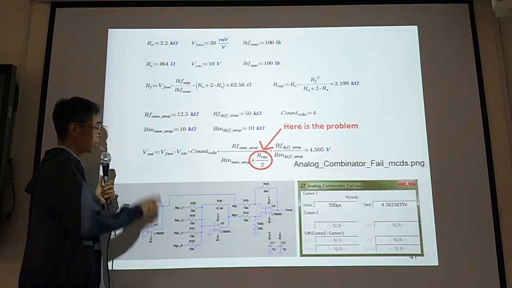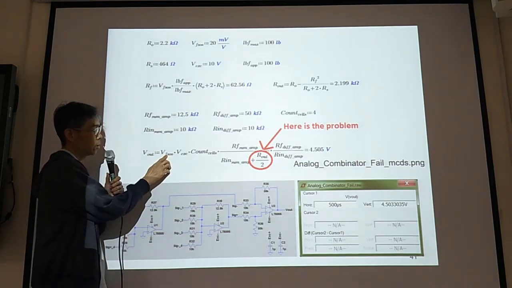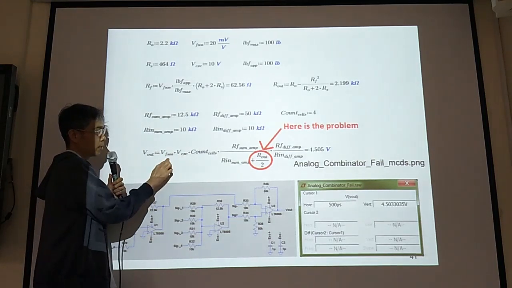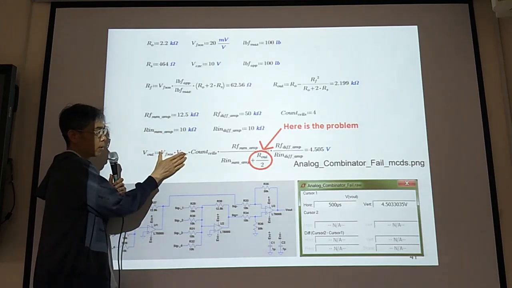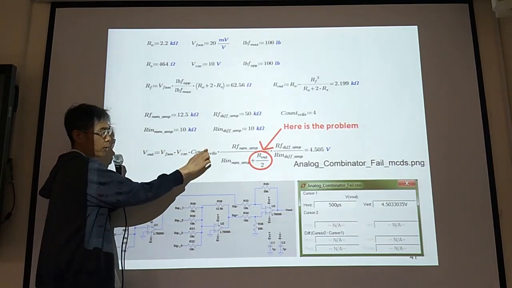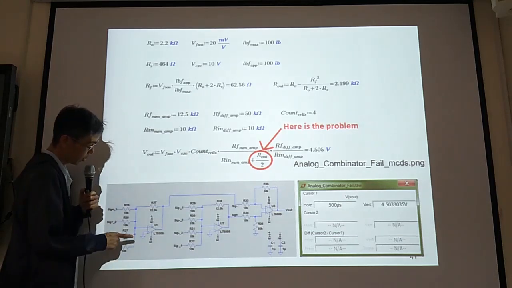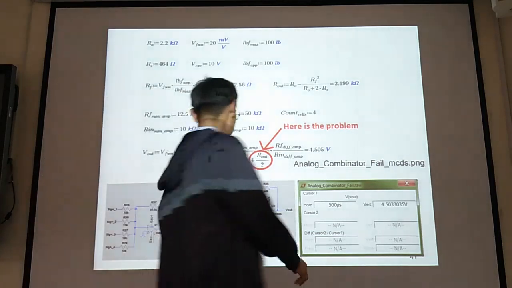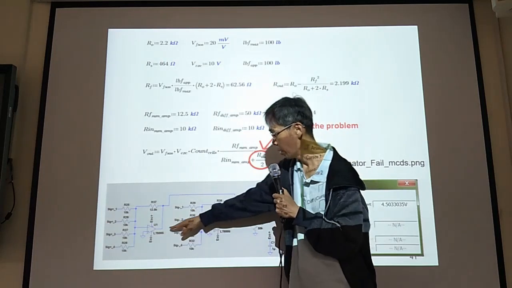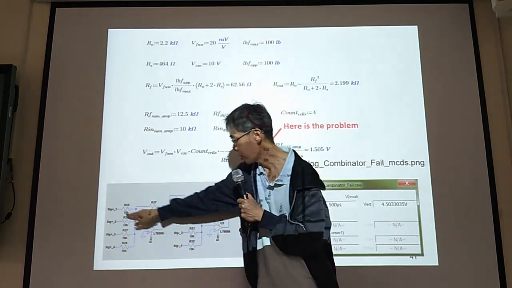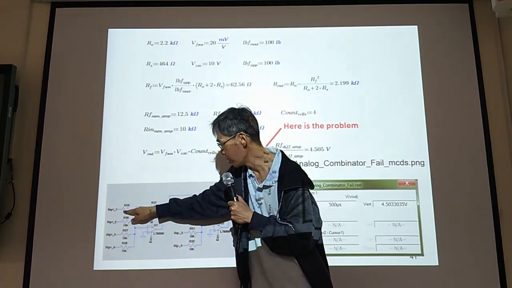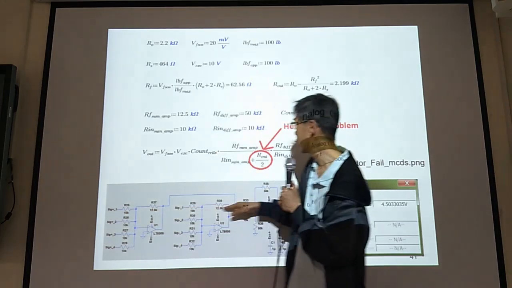Then this is the output. See, this is 0.2, and we have 4 Wheatstone bridges. For each one, if you look at stage 1, there is the output resistance, and this one is the 10K.